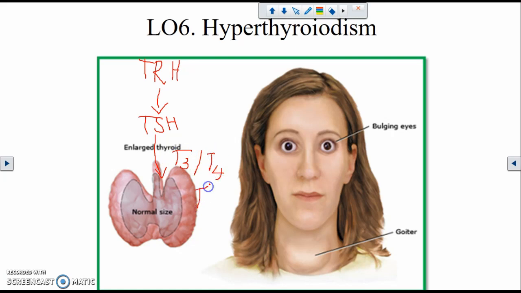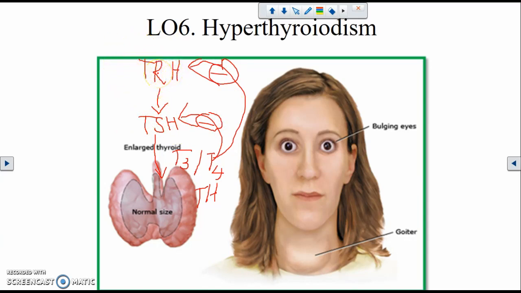Okay. What happens, folks, is the reason why you have hyperthyroidism is most of the time because T3 and T4 can no longer negatively feed back upstream. So that means they cannot shut off, right? So remember that symbol. They can no longer shut off the thyroid stimulating hormone, and they cannot shut off the thyroid releasing hormone.